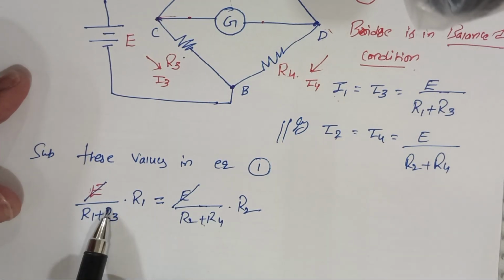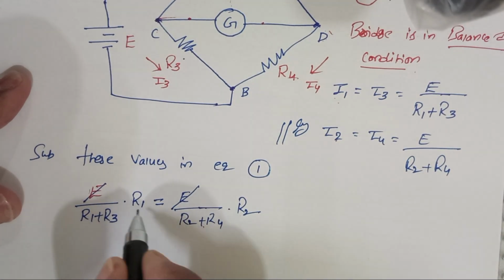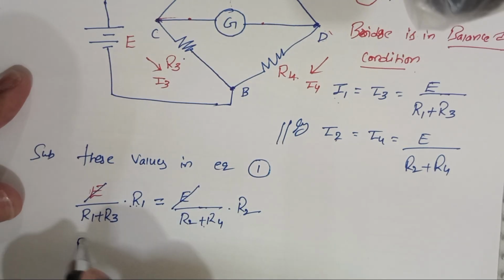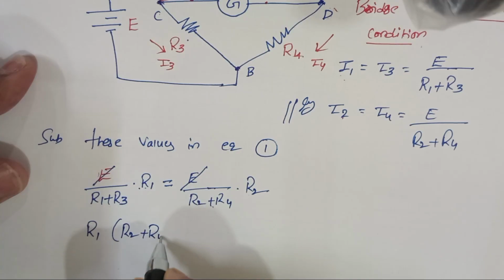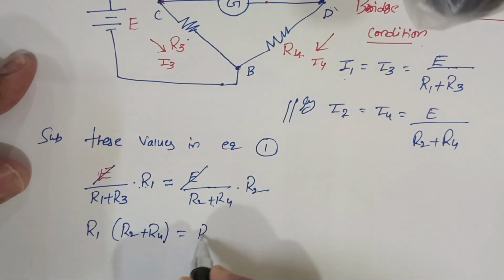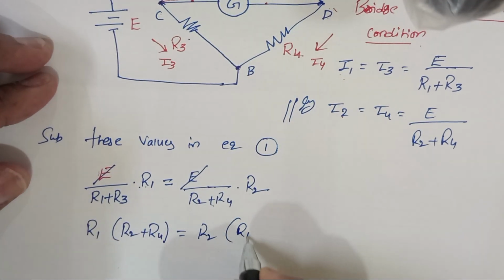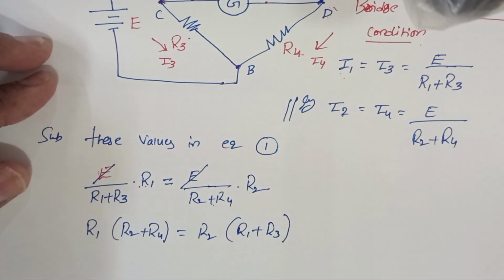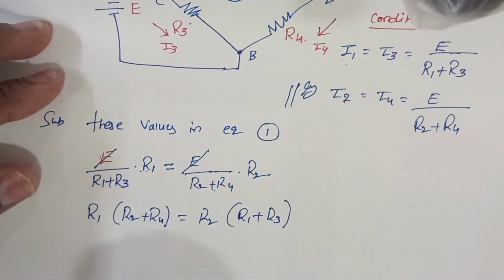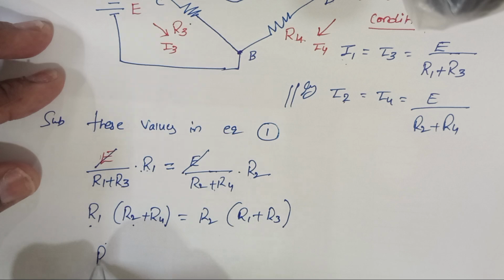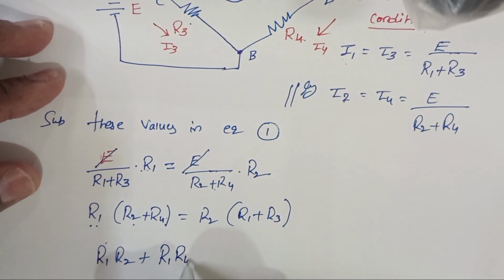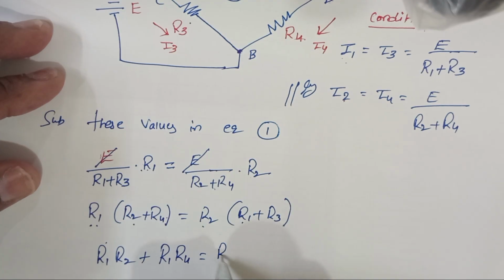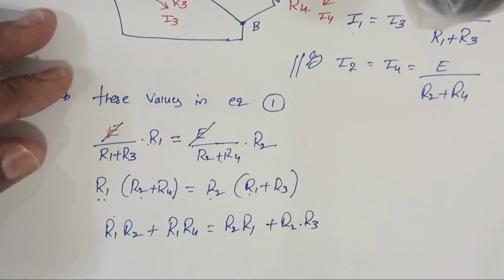Now do cross multiplication: R1 into R2 plus R4 equals R2 into R1 plus R3. Multiplying internally, R1 R2 plus R1 R4 equals R1 R2 plus R2 R3.